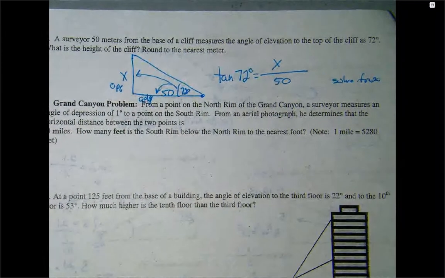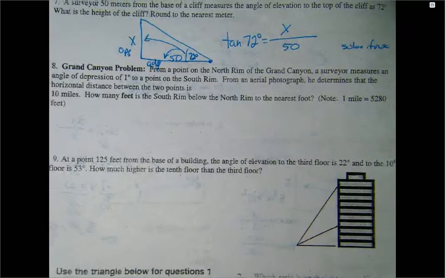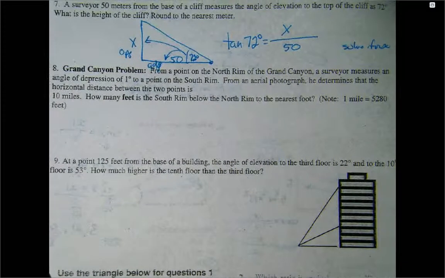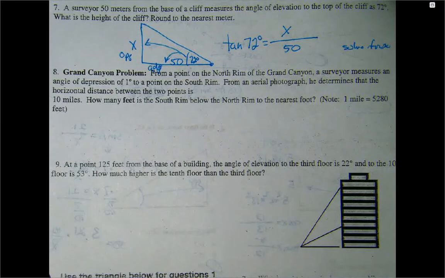Alright, the Grand Canyon. Point at North Rim of Grand Canyon, a surveyor measures angle of depression to a point on the South Rim. From the aerial photograph, he determines the horizontal distance between the 2 points is 10 miles. So he's here.